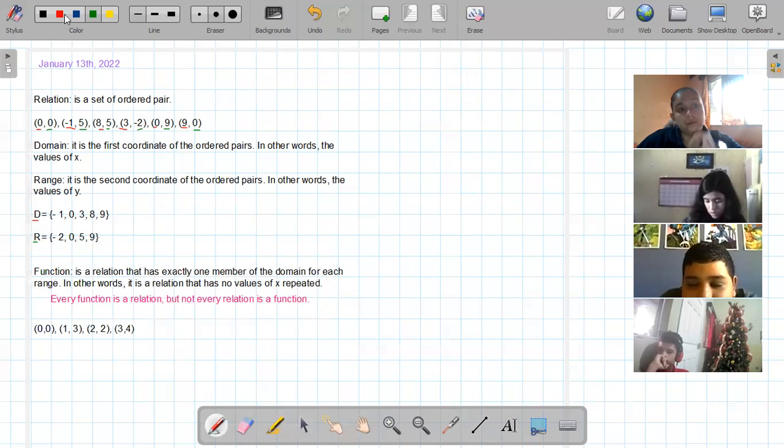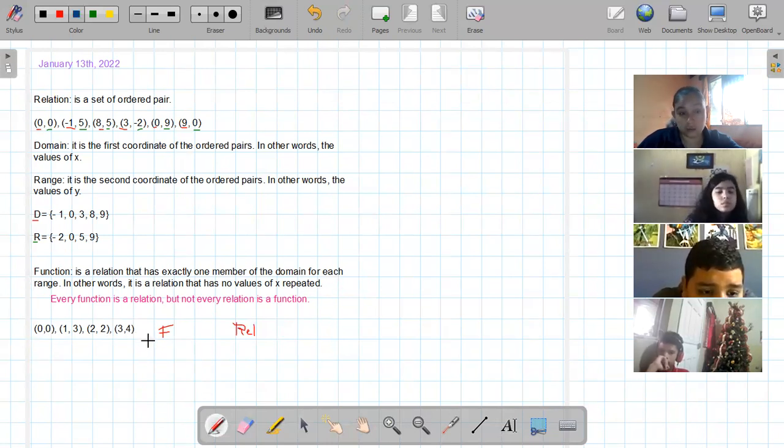Is that a function? Let's say F for function and R for relation. We're going to say rel because we have another R for range. So is this a function? Yes, because there's no value of x that's repeated. We got 0, 1, 2, and 3, so it is a function.